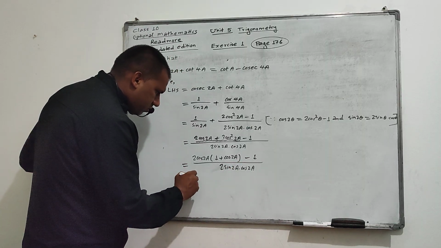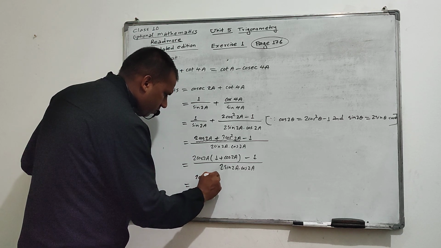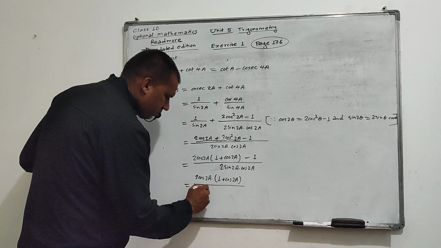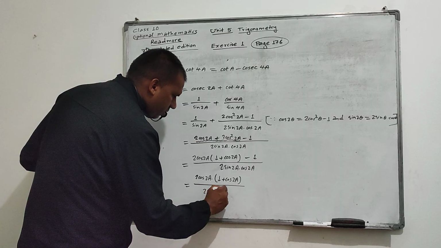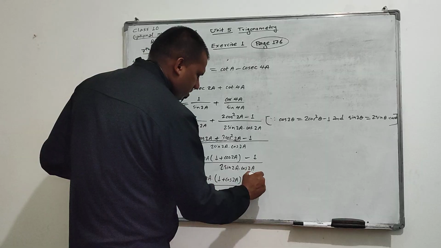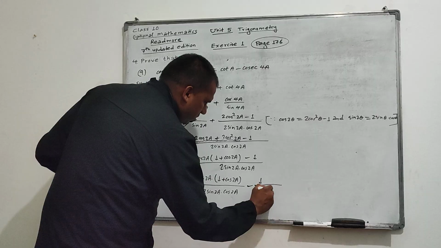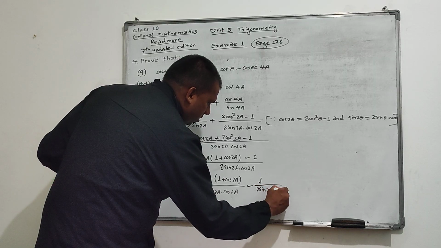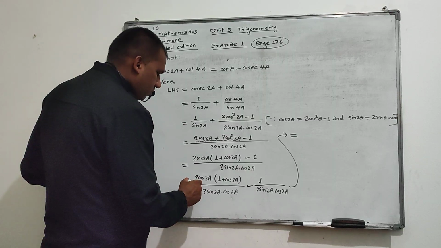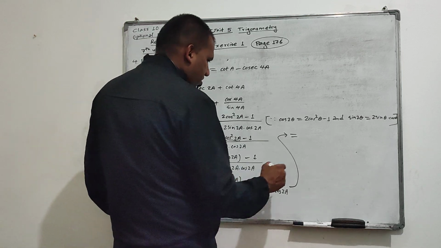Now 2 cos 2a dot (1 plus cos 2a) whole upon 2 sine 2a cos 2a, breaking this, first part upon denominator, minus second part 1 upon 2 sine 2a cos 2a. Now this equals 2 cos 2a cancels out, remaining (1 plus cos 2a) upon sine 2a.